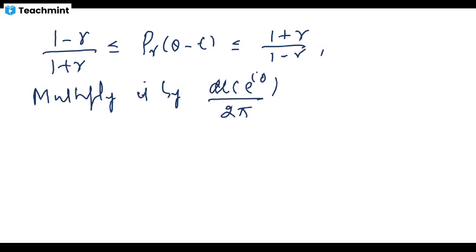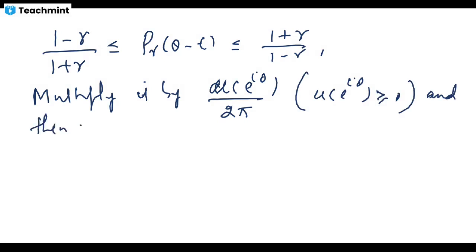Why will it not change? Because by hypothesis, on the boundary the function is non-negative, and multiplication by a non-negative number doesn't change the order of the inequality. Multiply with this and then integrate with respect to theta, from 0 to 2 pi.